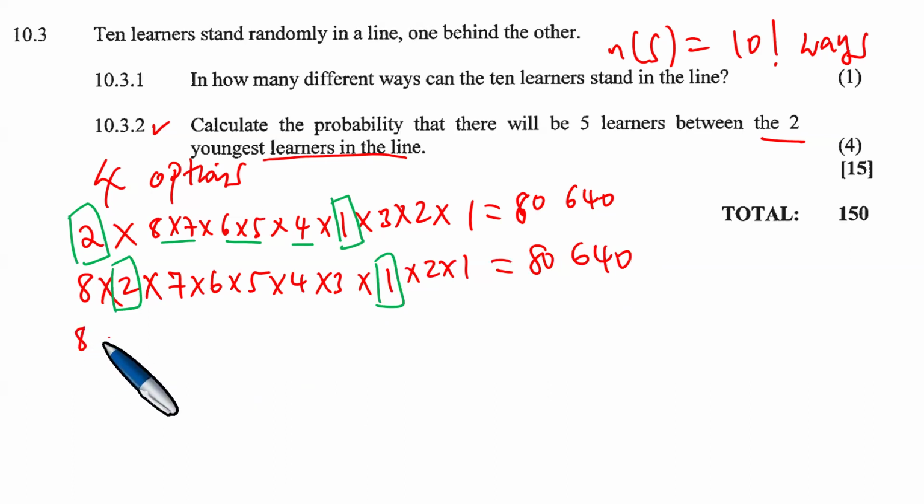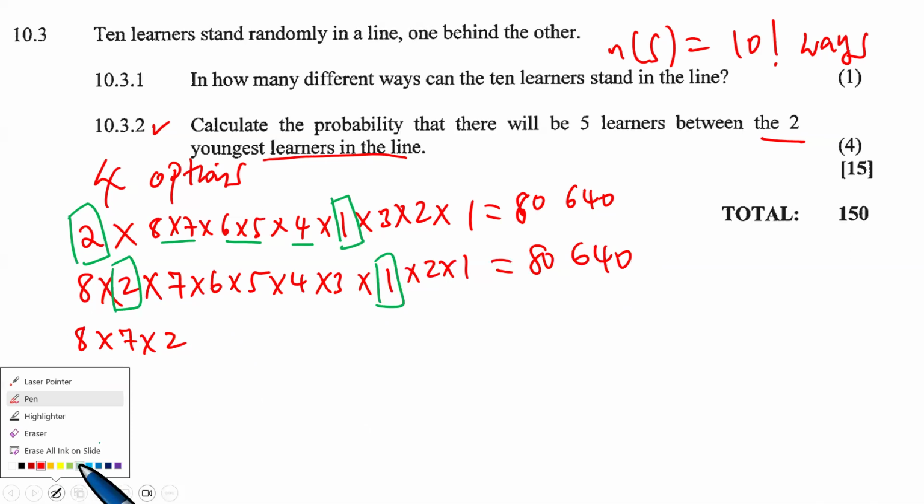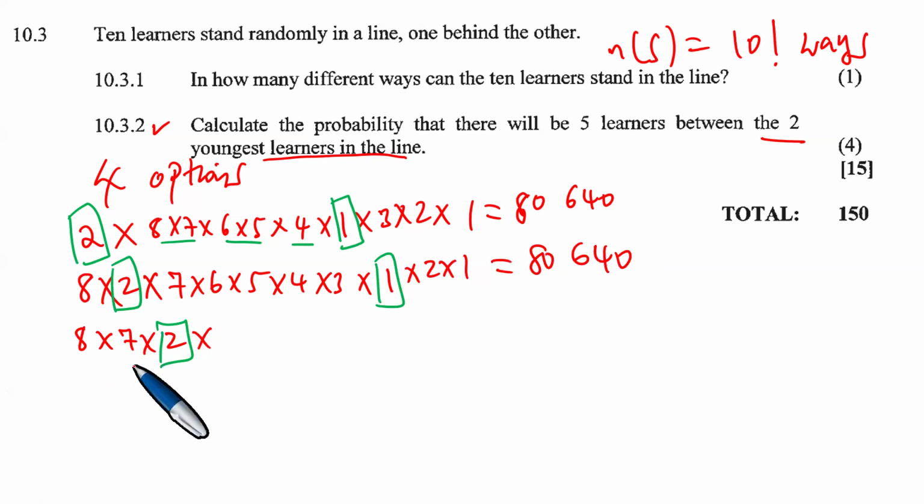Next, we fix the 8 learners and we separate the 2, and we're left with 8 learners, and then it's 8 by 7, and then we put the youngest learner in this position. Then we have 6 times 5 times 4 times 3. Learner 2, we've already put them there, so here you put 1.